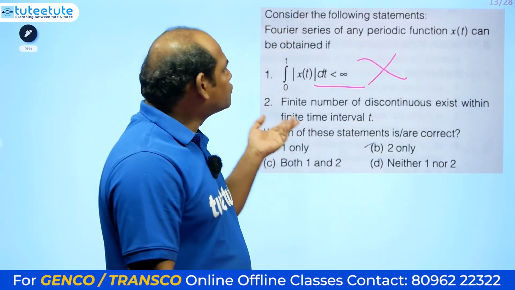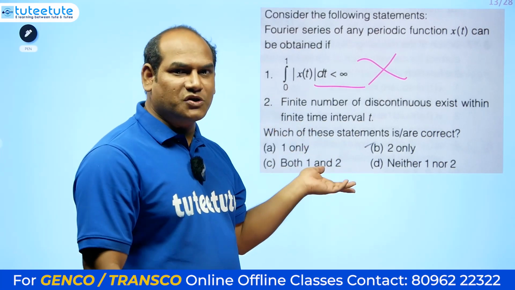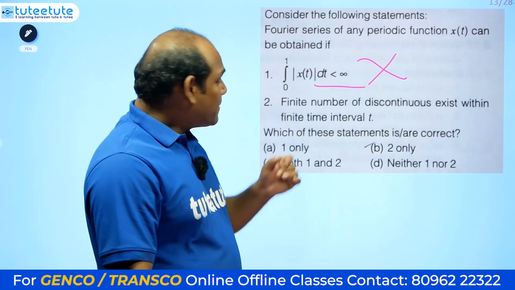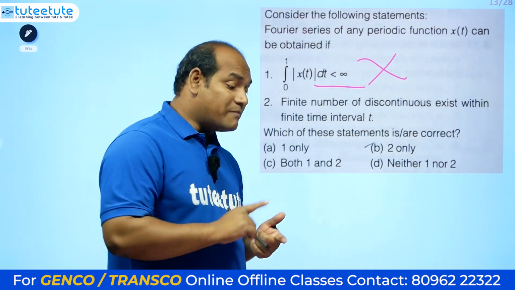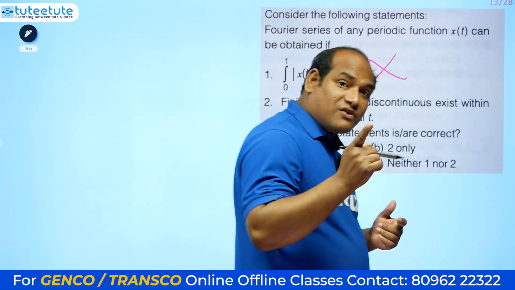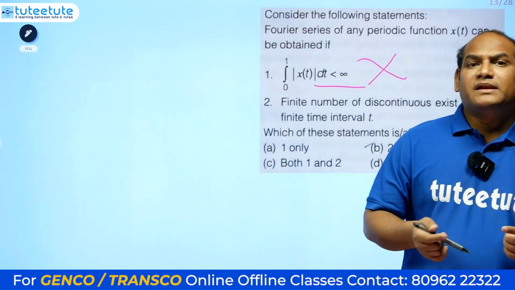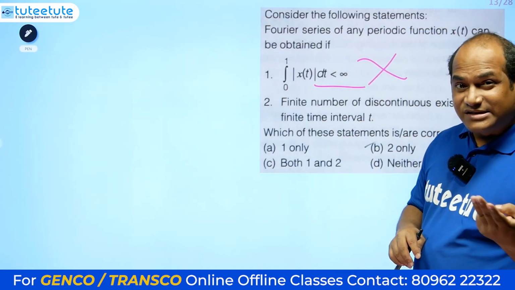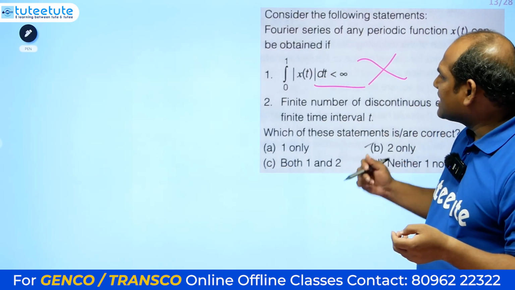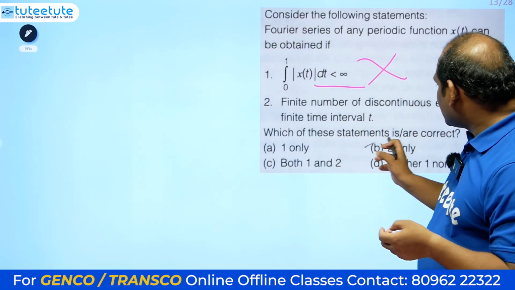There is no rule that for all signals the time period is 1 only. So this is wrong. But this is correct: a finite number of discontinuities are required. A finite number of maxima and minima are required. And if you perform the integration over one period, that must be finite. So here, out of the three Dirichlet conditions, one is satisfied. They are asking which of these statements are correct.